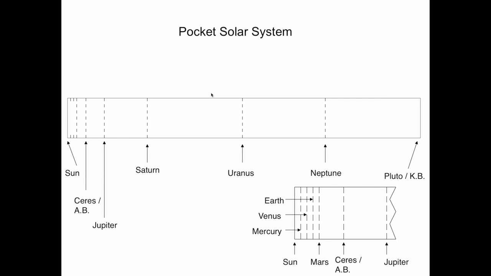Yay! And then we get to Mars. So there I've labeled those. It's pretty tight in there. I use a particularly long piece. If you use like a meter long piece, it'll get pretty tight in there and they'll all be crammed together.